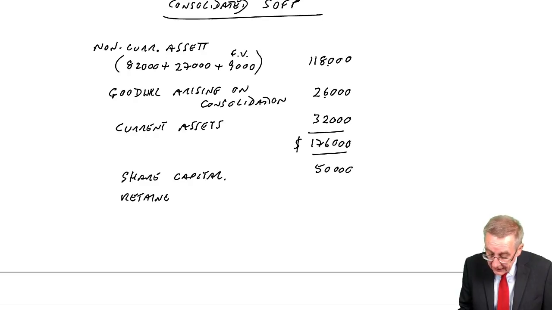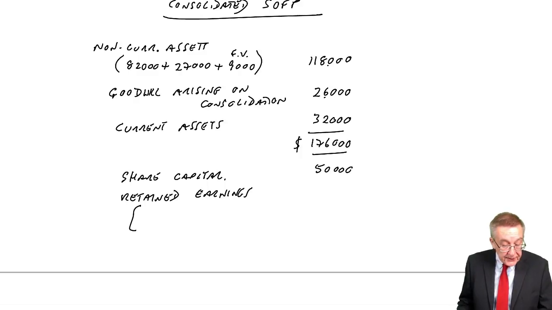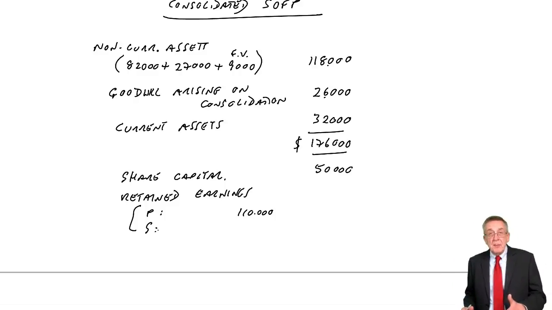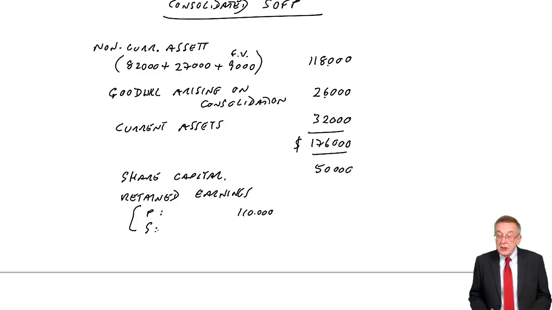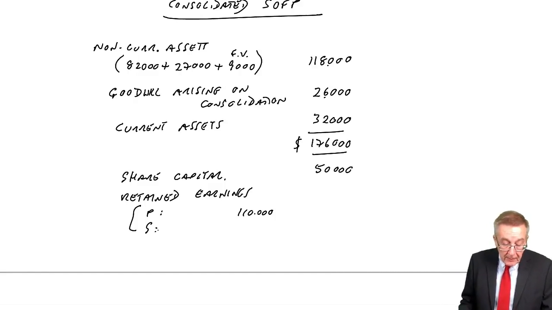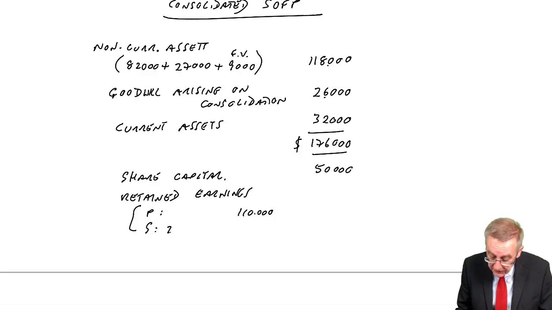The retained earnings. Well, as in the previous lecture, for the same reasons, the retained earnings is everything in P, 110,000. But as far as S is concerned, it's the earnings that S has made since the date of acquisition, the post-acquisition retained earnings. At the moment, 2009, when I'm doing the statement, it's 28,000.